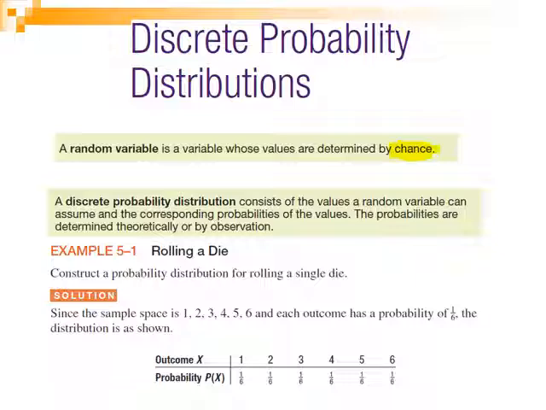Logically, if we organize a set of possible values from a random variable into a probability distribution, the result will be the probability distribution.